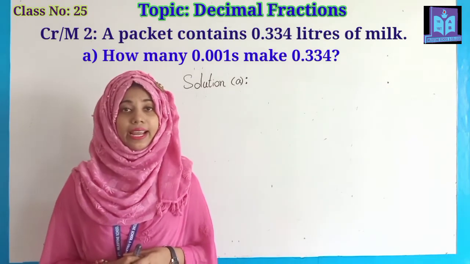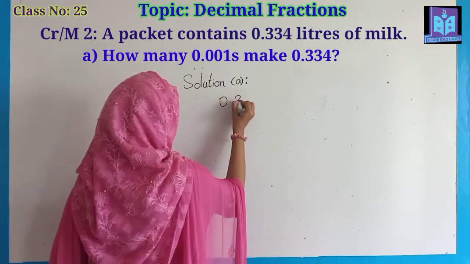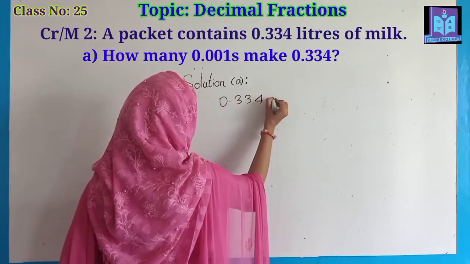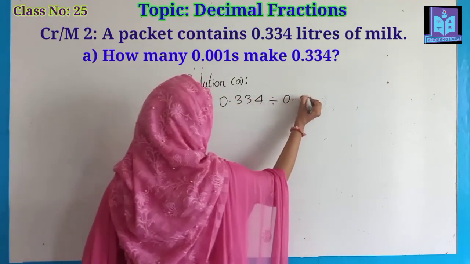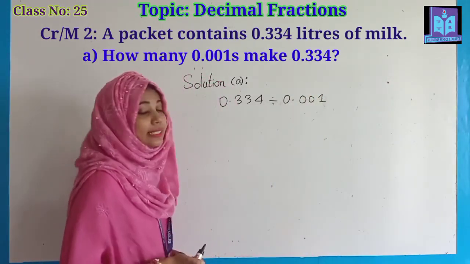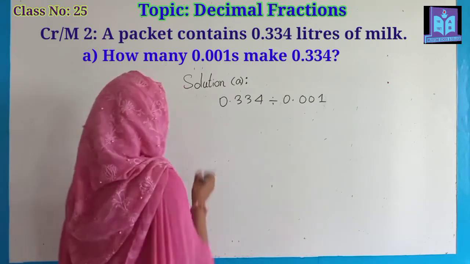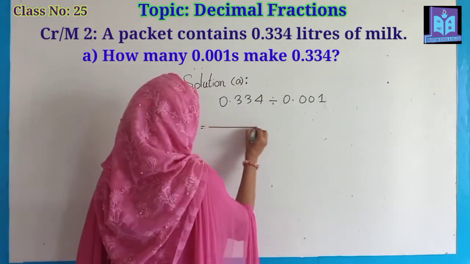So we will divide 0.334 by 0.001. At first we convert this decimal into a fraction. Yes, I will write the fraction bar.